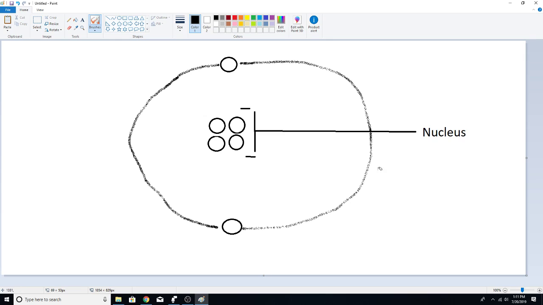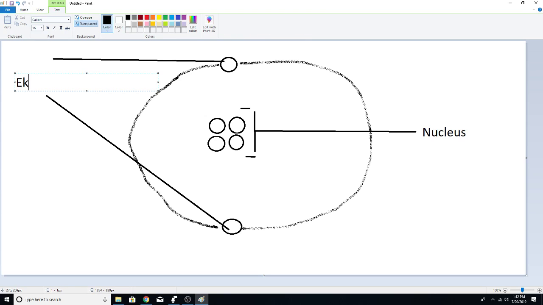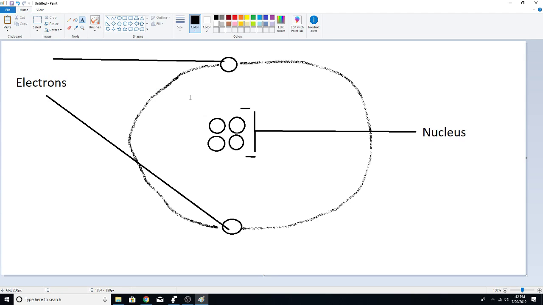So where that spray is, it's just to show that the electrons orbit the nucleus here. So we know that these are the electrons.